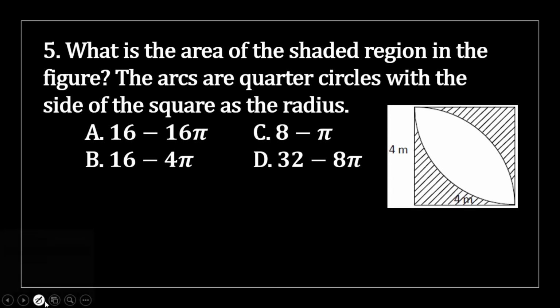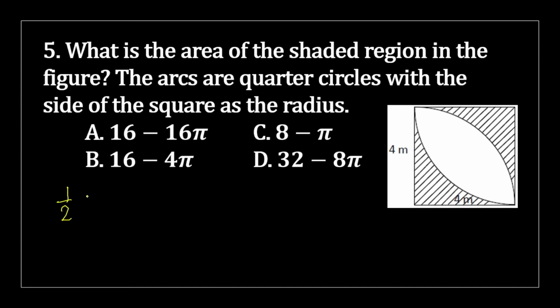change my color. I like yellow. So the area for 1/4 of the circle is 1/4 multiplied by pi r squared. In this case, our r is equal to 4 because that is the side of the circle. So not 1/2, it's actually 1/4. So 1/4 multiplied by pi times 4 squared.